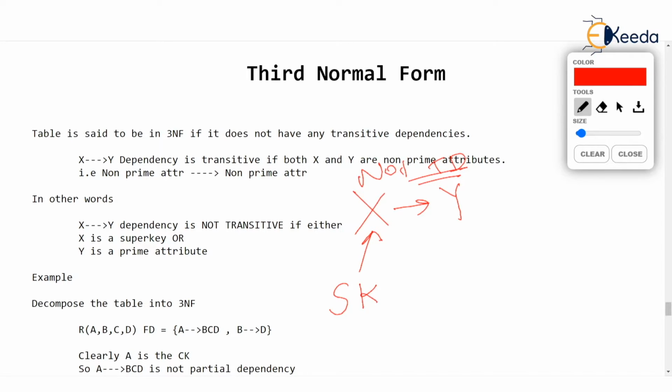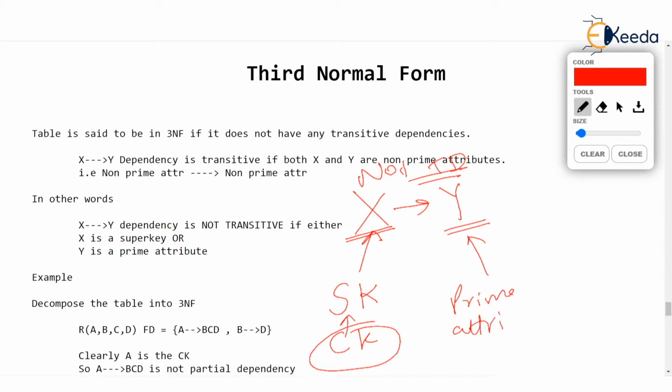And remember, every candidate key is also a super key, because if you don't add anything to a candidate key, it will remain a candidate key. If you add any attribute to the candidate key, you will get a super key. So when I say the left hand side should be a super key, it can be a candidate key also, or is the word. The right hand side is a prime attribute.